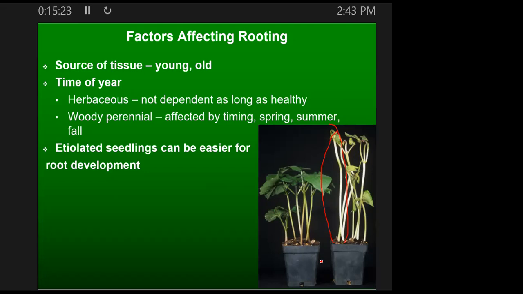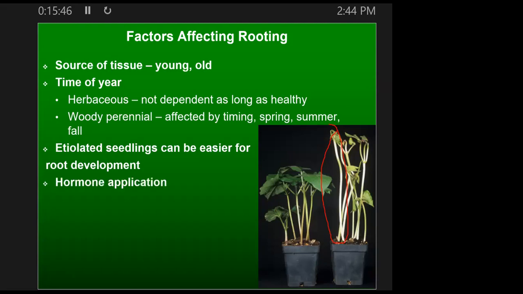But the good news is, if you take that etiolated plant and now put it under lights, it will survive. It'll green up, it'll start to behave and grow more normally. Anyways, for some reason, if you get plants in the etiolated state, they can be easier for getting the root development going.